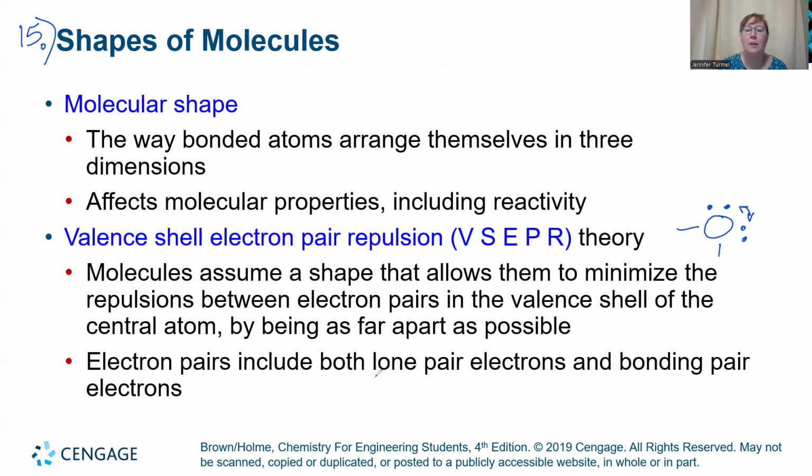Here you see lone pair electrons, and these are lone pair electrons, and one pair equals 2 electrons. And then here, remember, this is a bonding pair, okay? And here also 1 pair equals 2 electrons, okay? All right, so now let's take a look at the shapes of these.